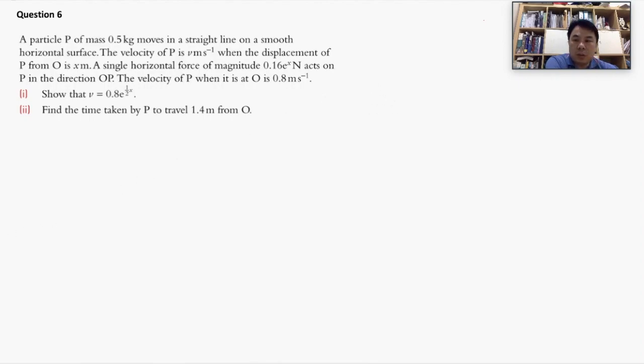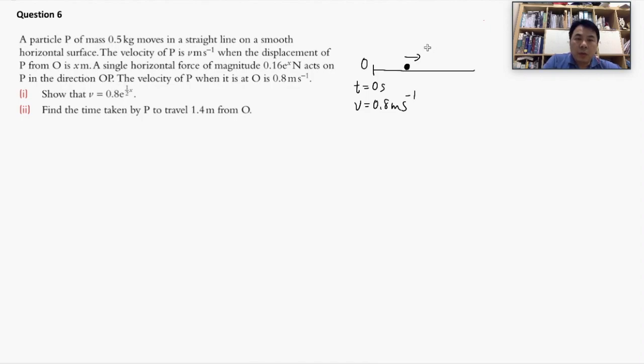So let's try to illustrate the mechanics using a diagram. Sorry about my drawing. Okay, so we start from O. When t is equal to 0 seconds, the initial velocity is equal to 0.8 meter per second. The particle is moving in this direction.